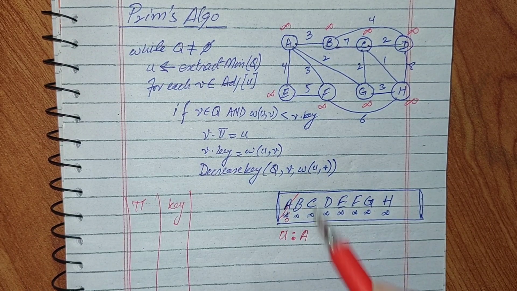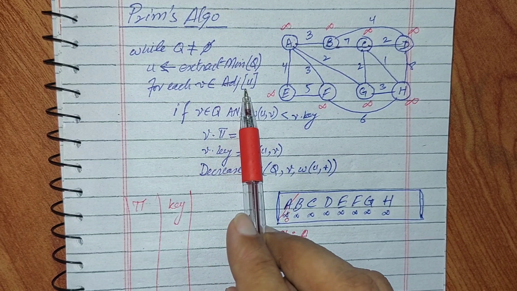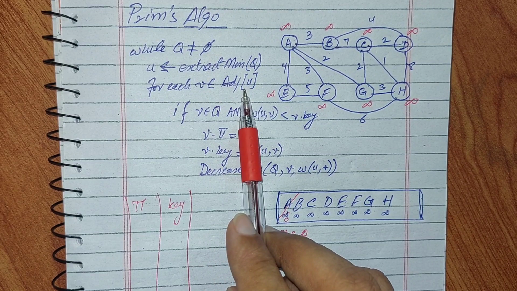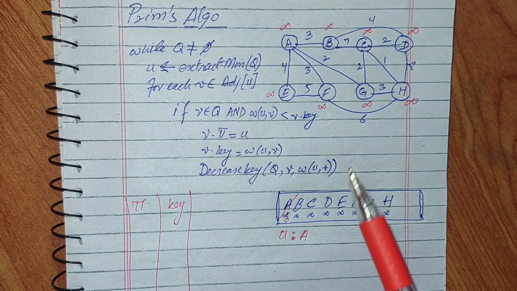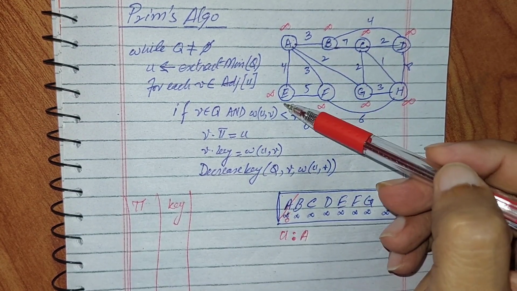So we extracted a here, extracting minimum. For each v belongs to adjacent of u, there are different adjacents of a, that is b, g, f and e.